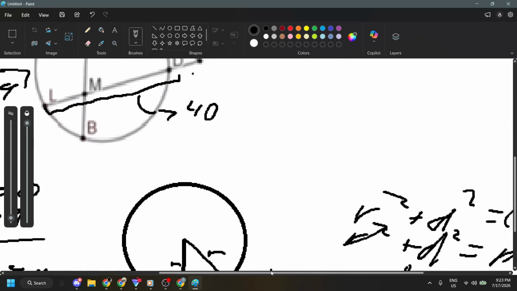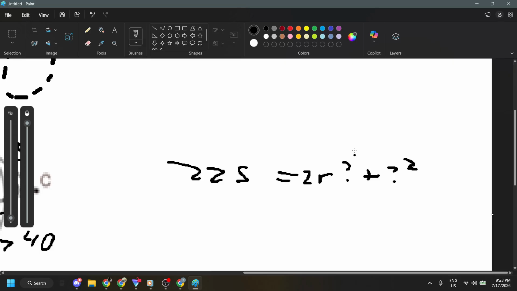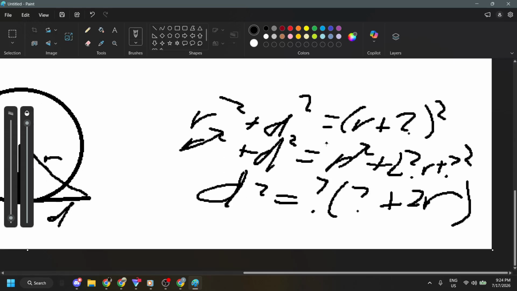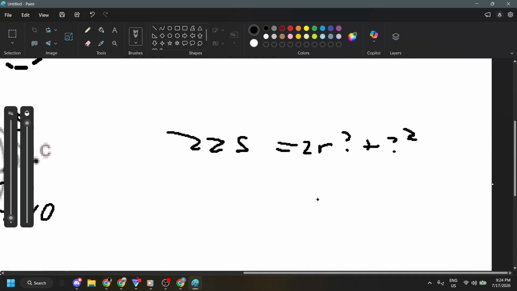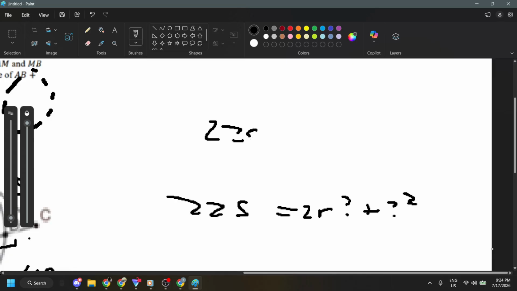Well, given that I got an integer here, this must also be an integer. So maybe if I could eliminate values of these that cannot be integers, then I can get a correct answer. Oh no, it doesn't even matter, because 225 is equal to question mark plus 2r.